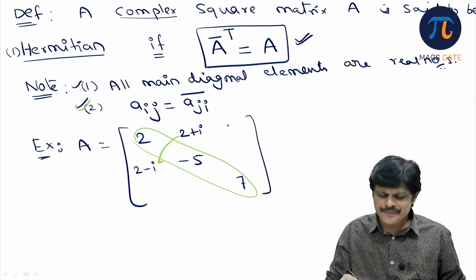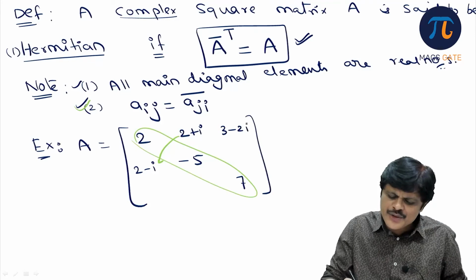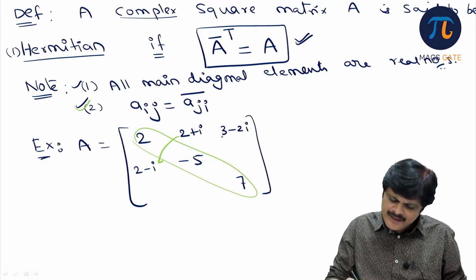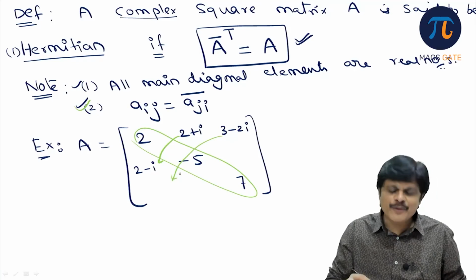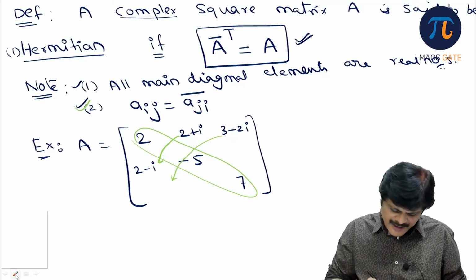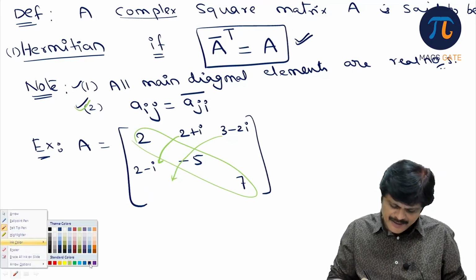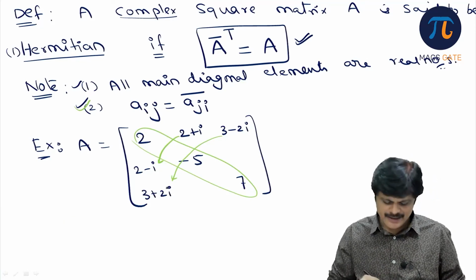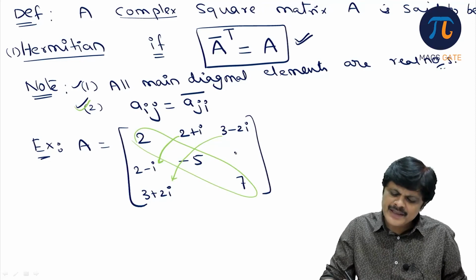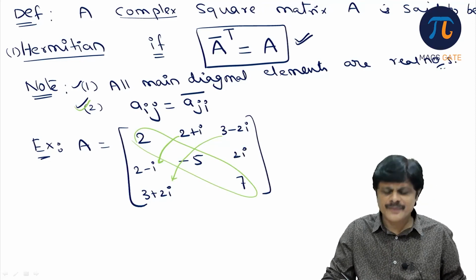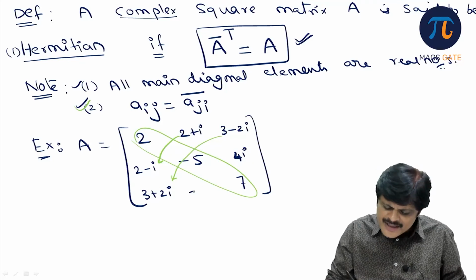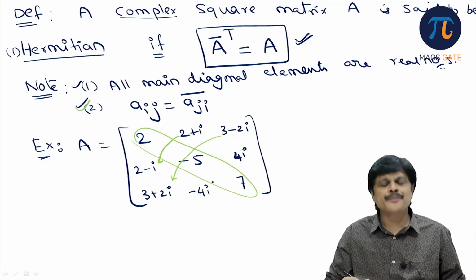Suppose it is 3 minus 2i, what happens to its mirror image? The mirror image would be here, and what is that? 3 plus 2i. Just write the conjugate. And suppose it is 4i, or whatever number, then what is this number? Minus 4i.